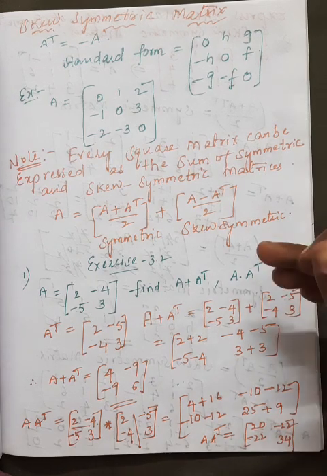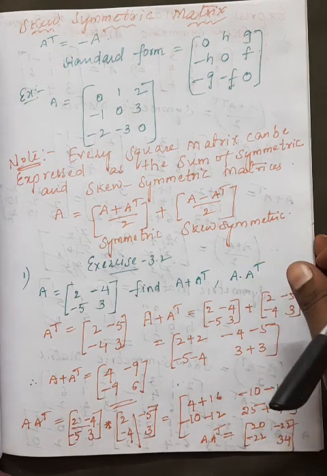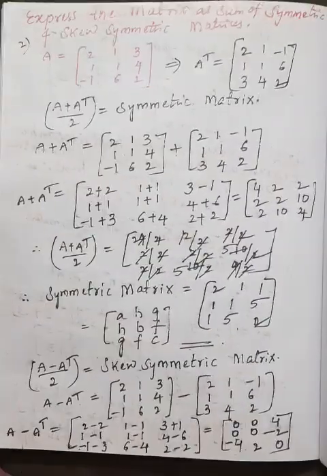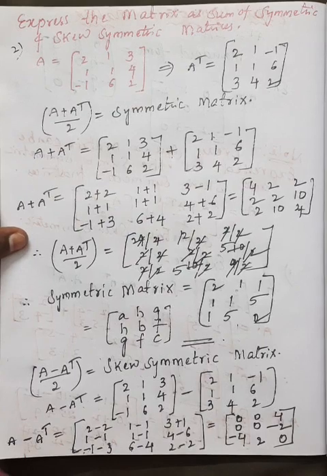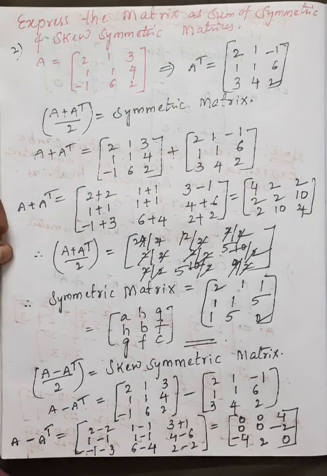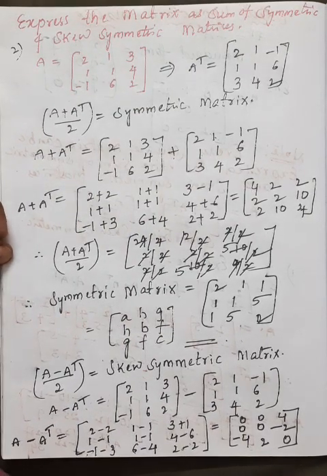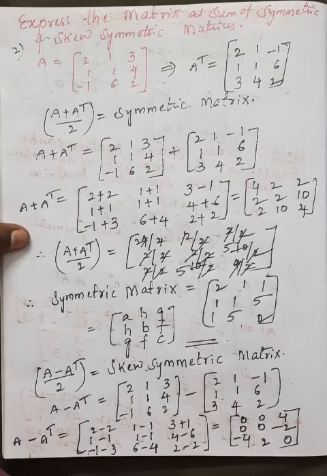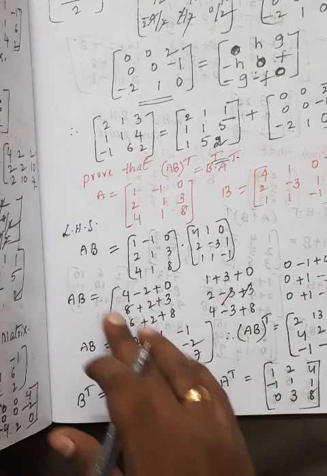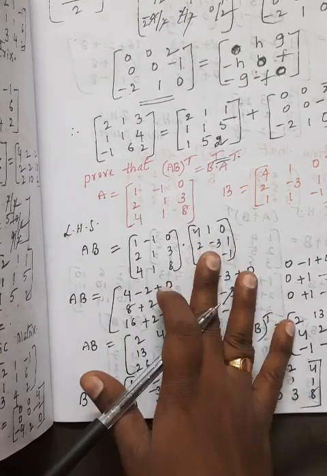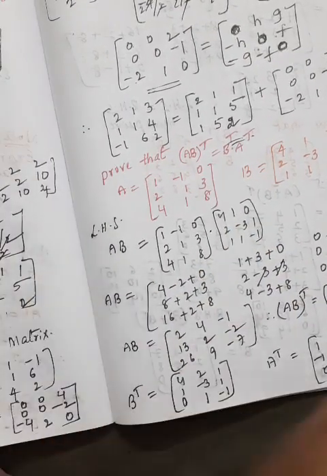Then we discussed addition, subtraction and multiplication of two matrices related to transposes, and how to convert a given matrix to symmetric and skew symmetric matrices, and then we proved properties of transposes.